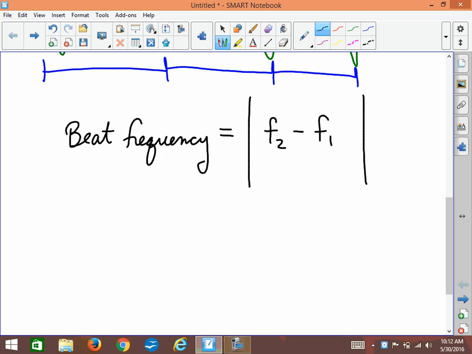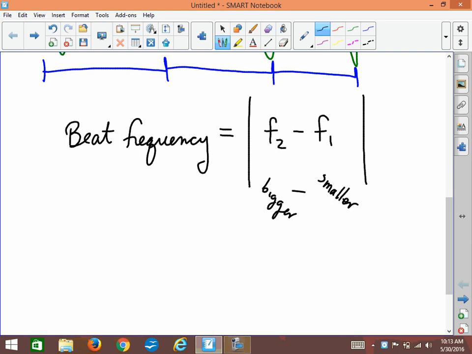And the absolute value signs mathematically mean that it doesn't really matter which way you subtract. All it really means is subtract the smaller from the bigger. Always put the smaller one here and the bigger one here. Now, if you do that in regular math, you'll get a positive number or a negative number, right? But if you always put the smaller here, that's what absolute value allows you to do.